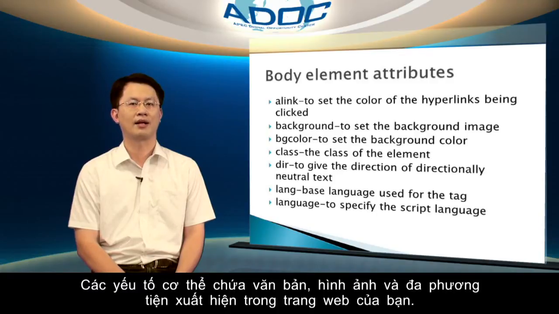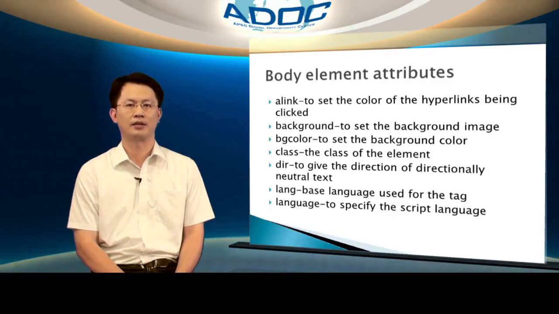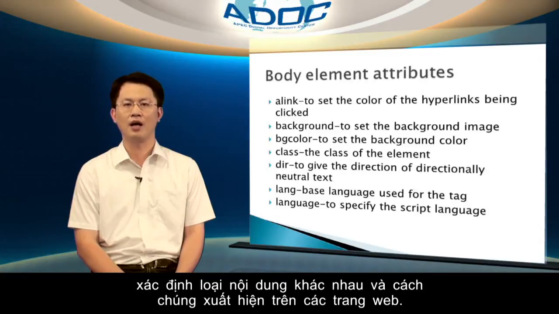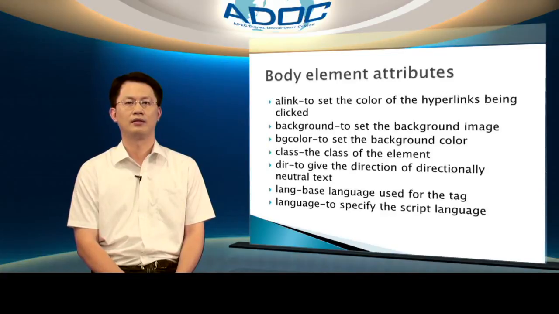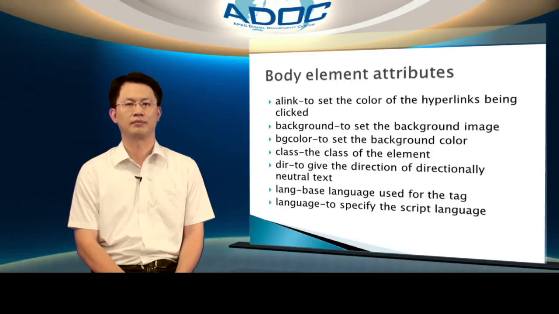The body element contains the text, images, and multimedia that appear in your web page. The body element is the container of other elements that define different types of contents and the way they appear on the web page. Here is the list of popular body element attributes.